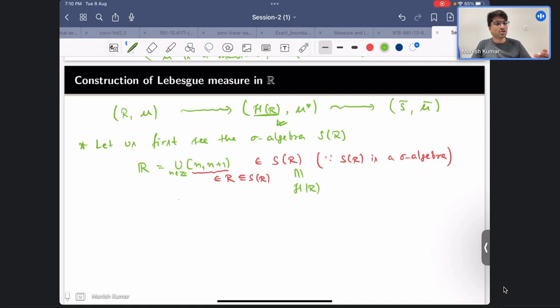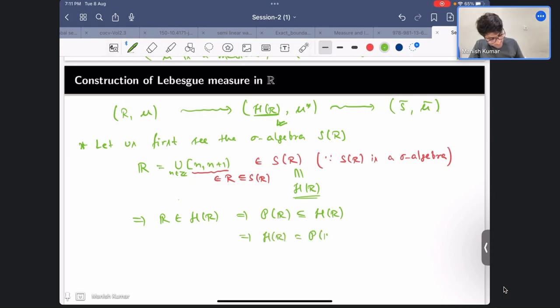If E belongs to H(R), then the whole power set of E should be in H(R), so this is a much larger set. If I combine all this together, R belongs to H(R), which implies the power set of R is in H(R), and this would simply mean that H(R) is equal to P(R).